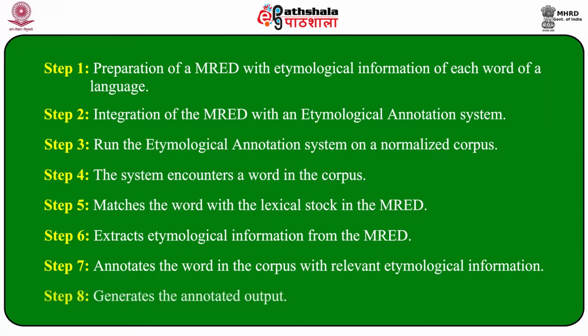Then it extracts the etymological information from the MRED already developed, then annotates the word in the corpus with that relevant etymological information, and generates the annotated output. Thus, following those seven or eight different stages, our system could generate a text which is etymologically annotated.